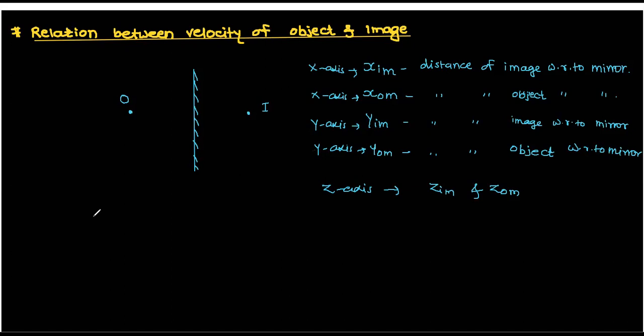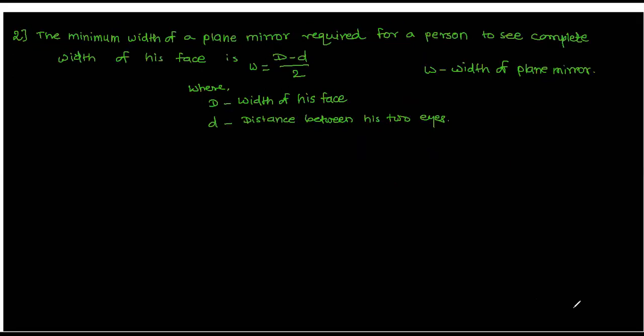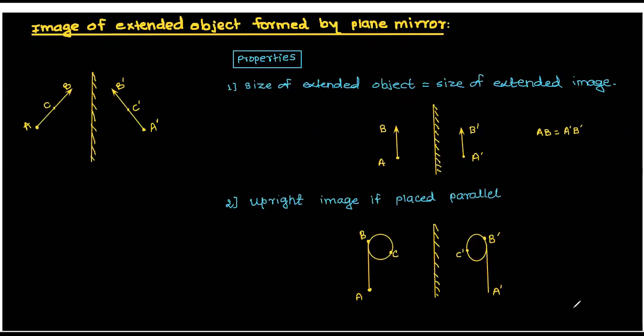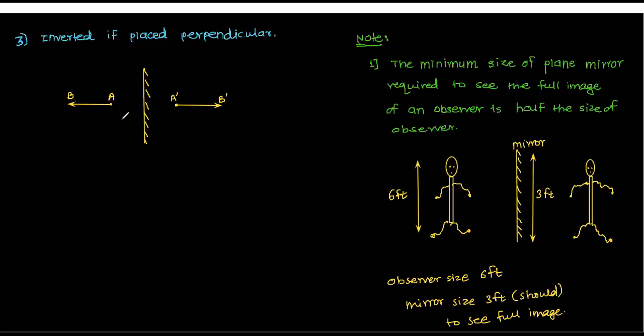Now in this case, what happens, we have already learned, if it is along the x-axis, in the properties I have mentioned here, see this one, this direction inverted means what? Direction is getting reversed. If you are going like this, perpendicular, then its direction is going to reverse.